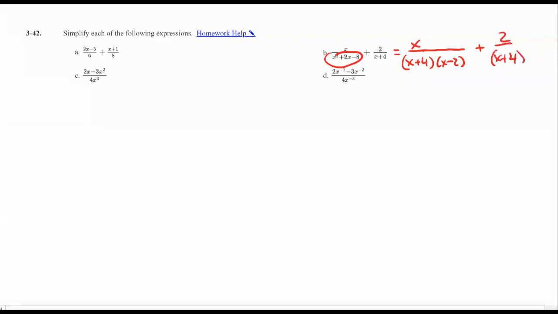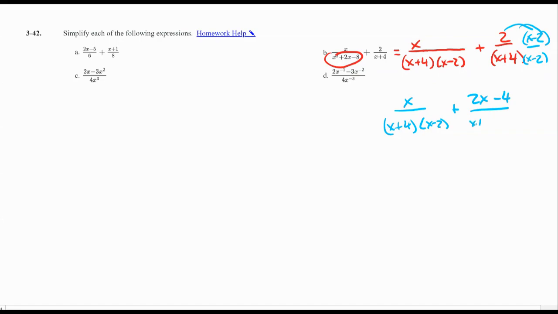And now, because I'm only missing just the x minus 2 on the right, I don't need to multiply anything on the left side. So when I rewrite this, I now just have x over my denominator plus, and I'm going to distribute this to get 2x minus 4 over my denominator.